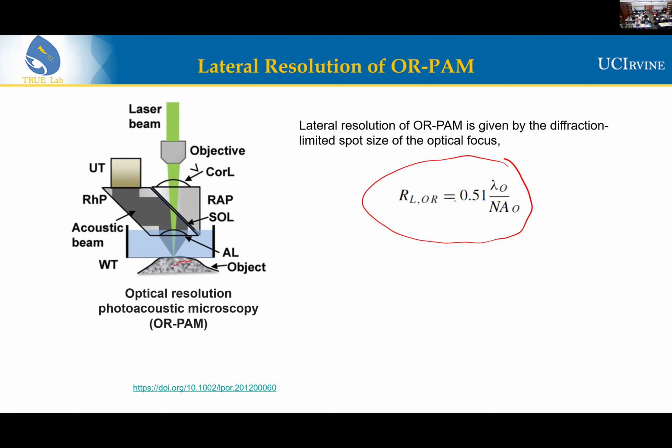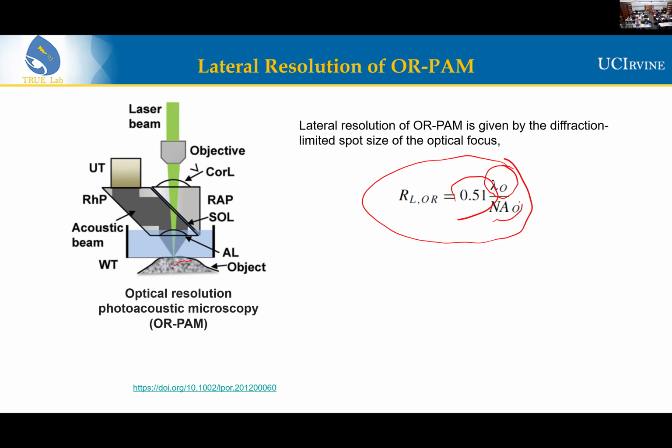Look at this equation. We have the constant 0.51 here, which is related to how you focus the light. And you have lambda, which is the wavelength of your laser beam. For example, green light has a shorter wavelength than red light, so you will most likely have a higher resolution.